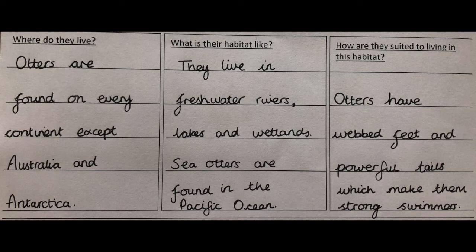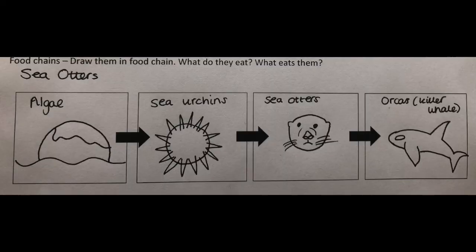And I found so many different reasons why otters like to live in the water, in rivers, lakes and wetlands. And one of the reasons that I found out was, otters have webbed feet and powerful tails, which make them very strong swimmers. And then I looked at the food chain, so I just focused on the sea otter.